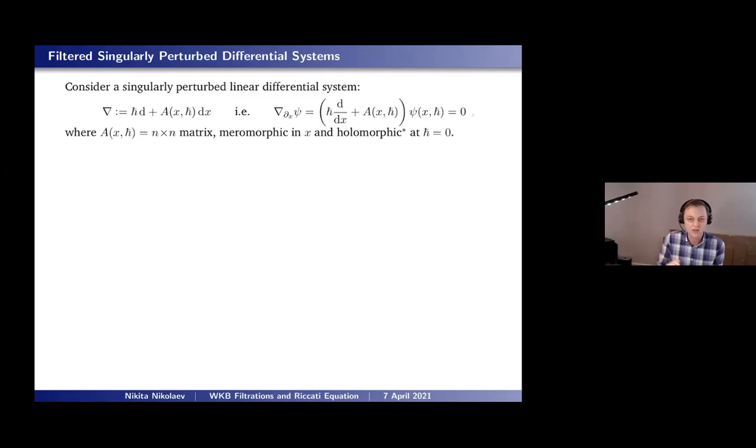I've trivialized everything. I've chosen a coordinate. So in other words, I'm looking at a differential system, a singularly perturbed linear differential system. That's an object like this.